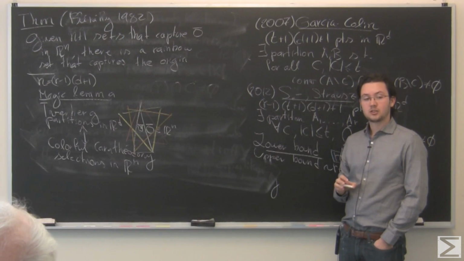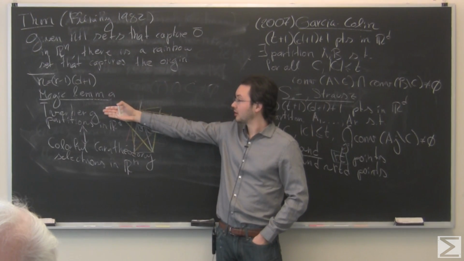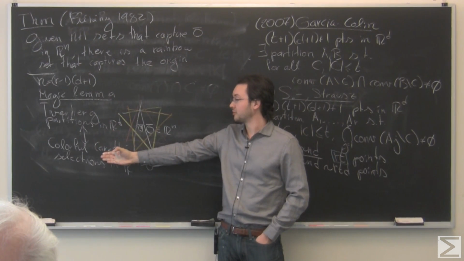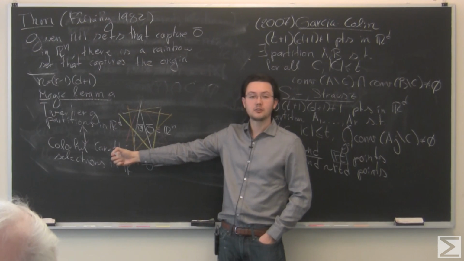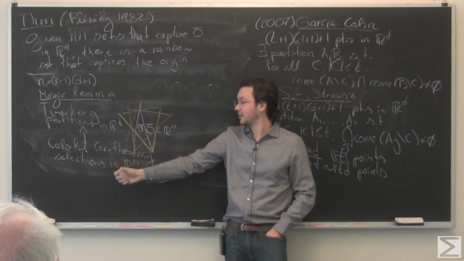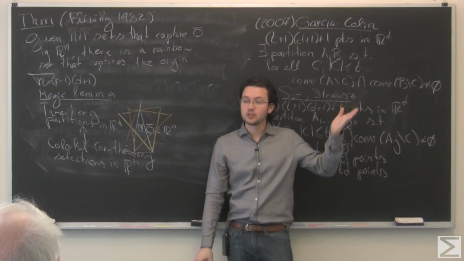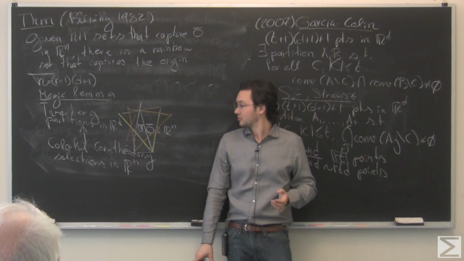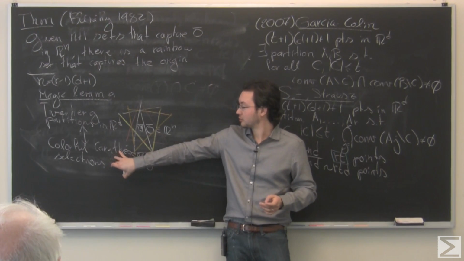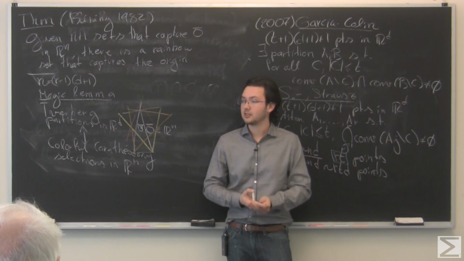Okay? So if I want to say something about these things, I just translate it to the high-dimensional space and say the same thing for the colorful Carathéodory theorem. This one is easier because figuring out if something contains the origin in its convex hull is, at least for me, easier to track than whether all convex sets actually intersect or not. Okay?